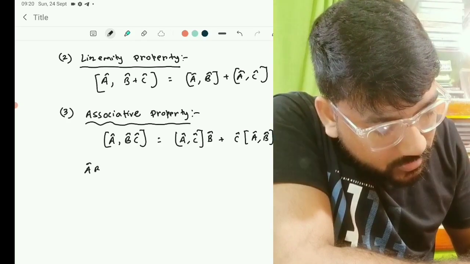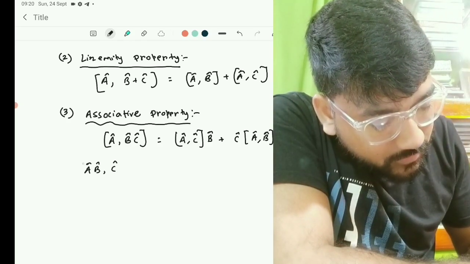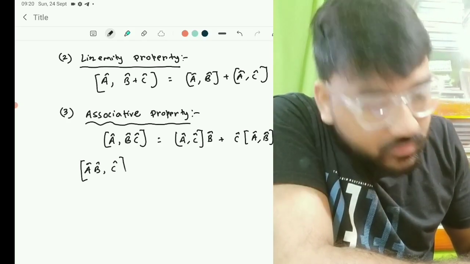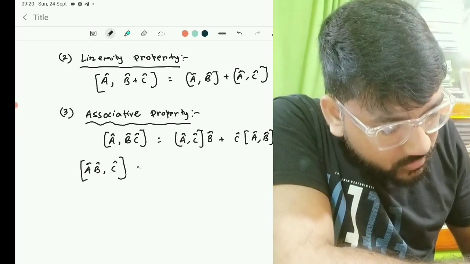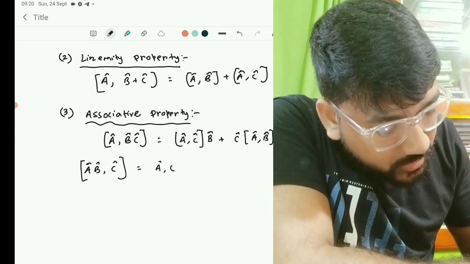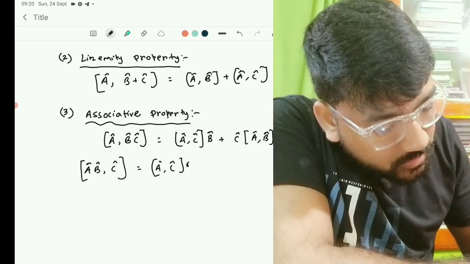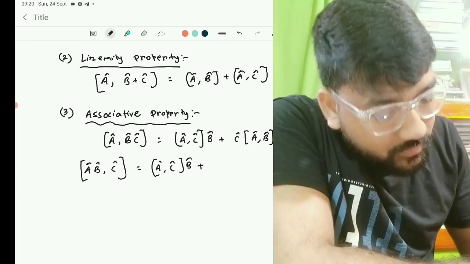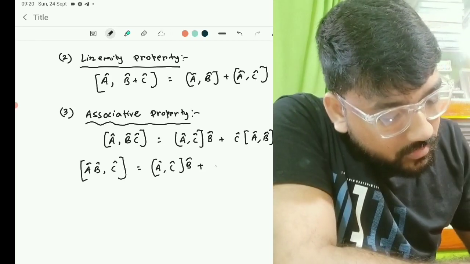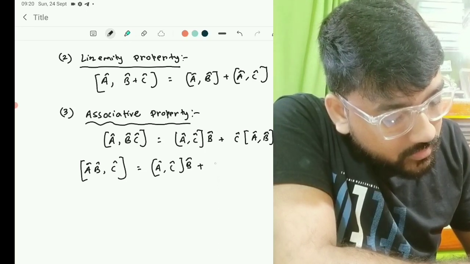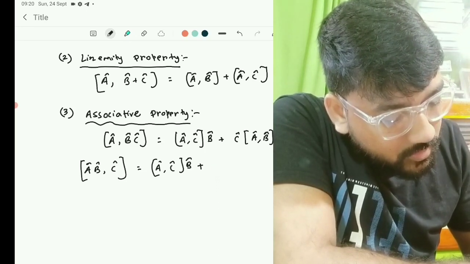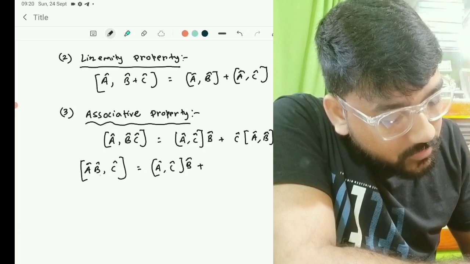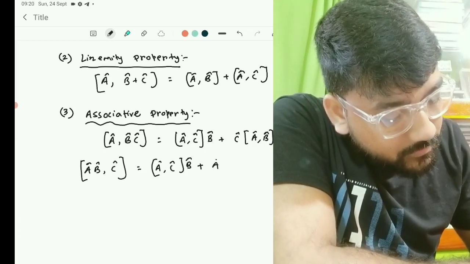Suppose [a cap b cap, c cap]. Now how can you write this? So this will be first a cap with c cap, then b, plus first a cap with c cap, then b cap with c cap, then a here.